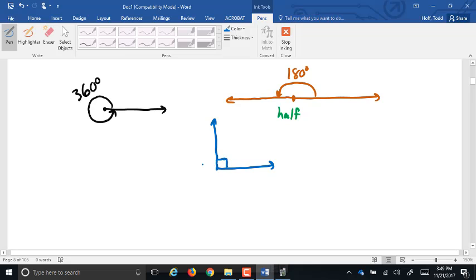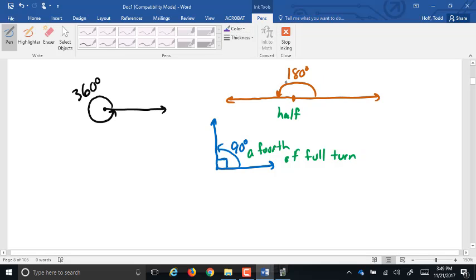That little square in the corner says that's a square corner. How many degrees is that? 90. And where do we get that from? Yeah, 1/4 of the 360 or half of 180. A fourth of a full turn.